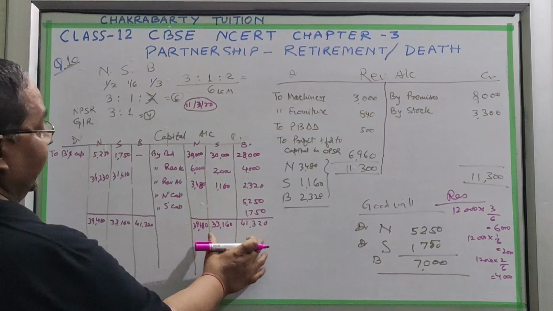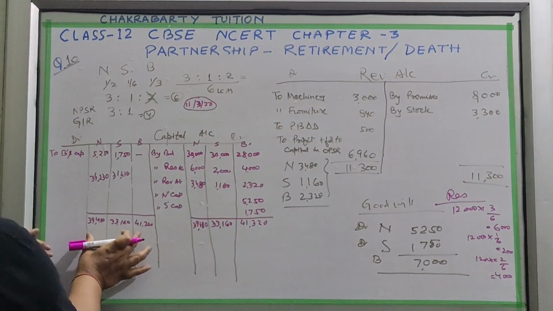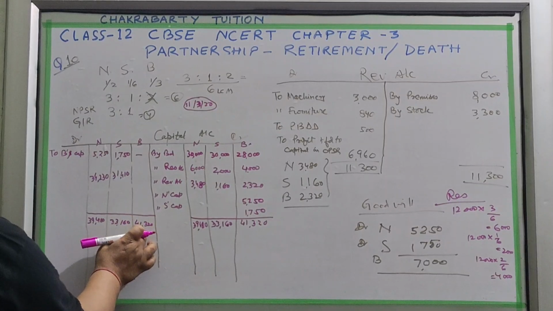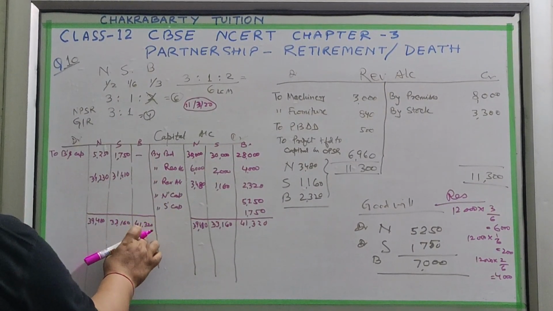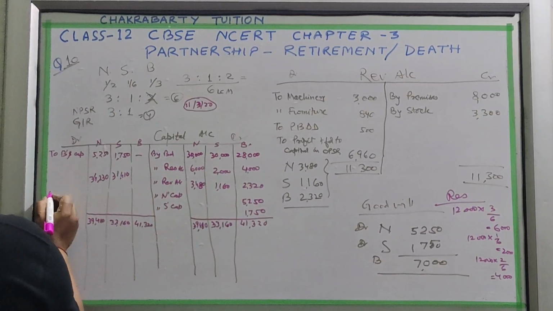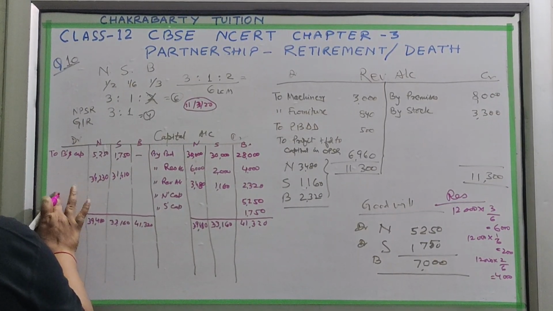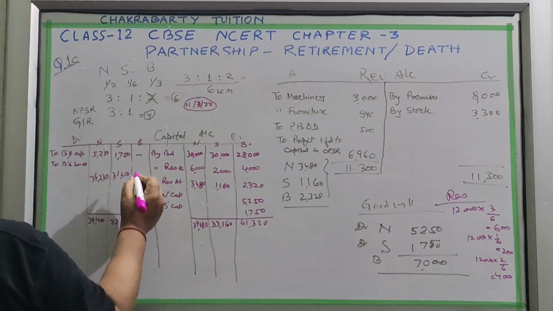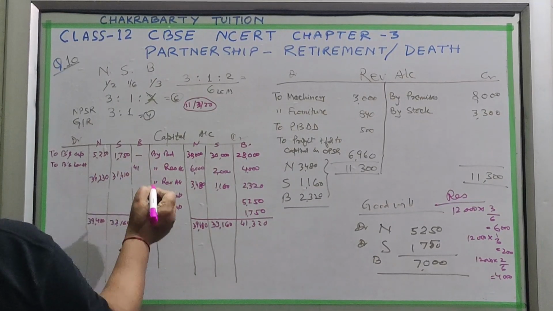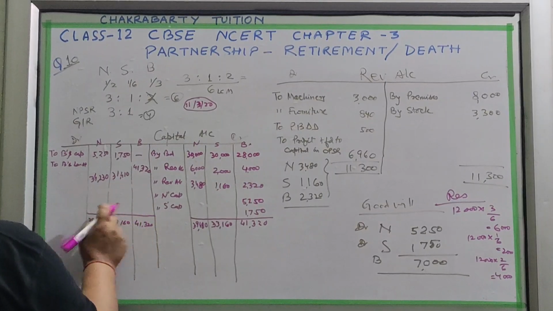Now we will make a total of this side, and the same total we will write on this side. This person is going out, so if nothing is given, his balance will be converted to his loan account. So first, Bajaj's loan account will be 41,320, and his balance is nil.